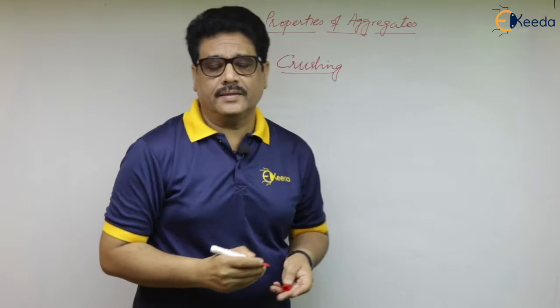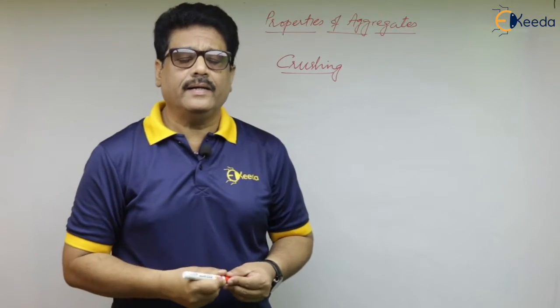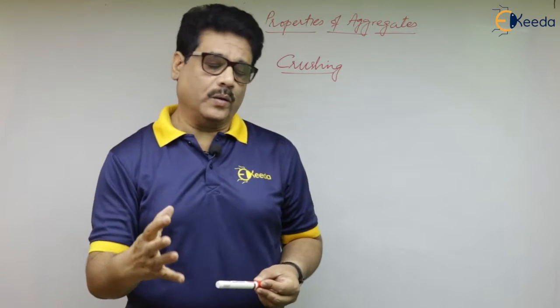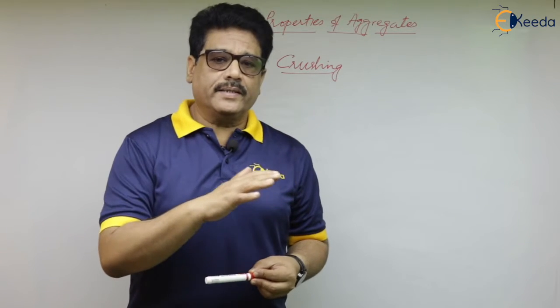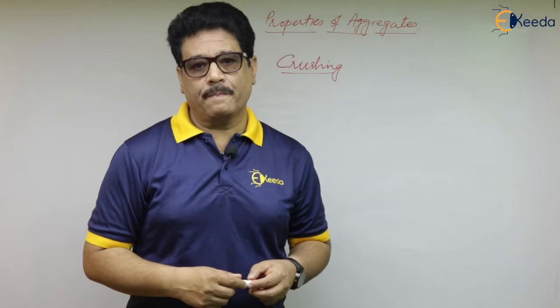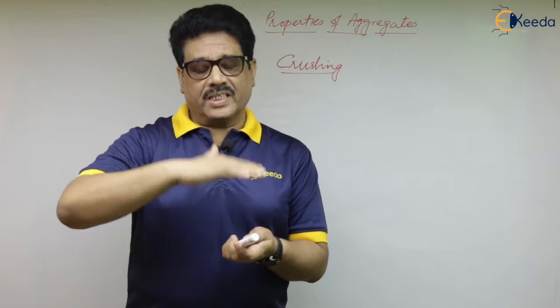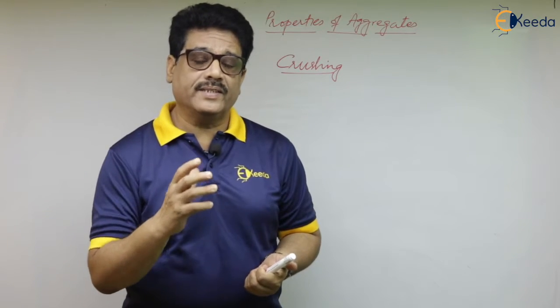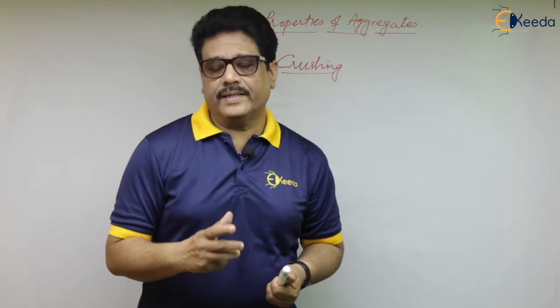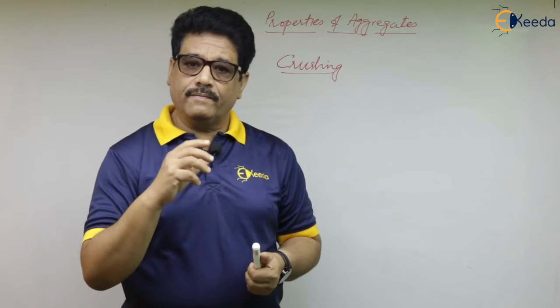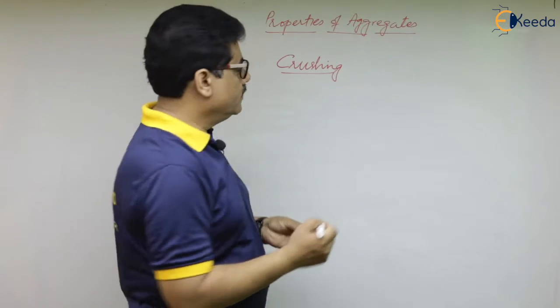crushing. Means when the aggregates, and together with them the concrete, are subjected to compressive force, a pressure situation, they should withstand it, and therefore we can find out the crushing value of aggregates.